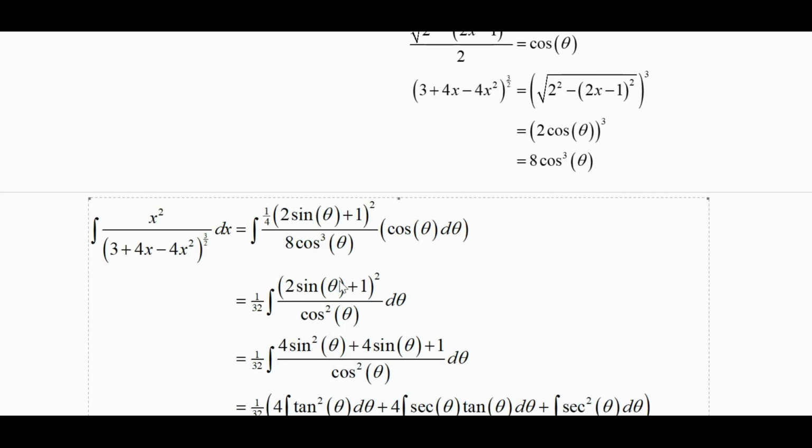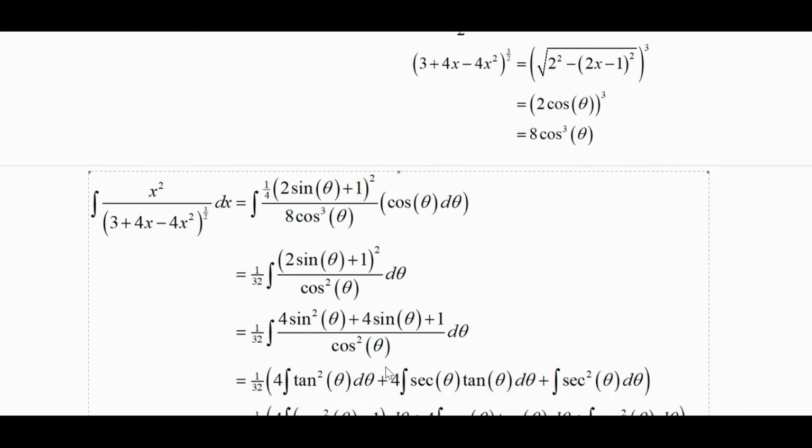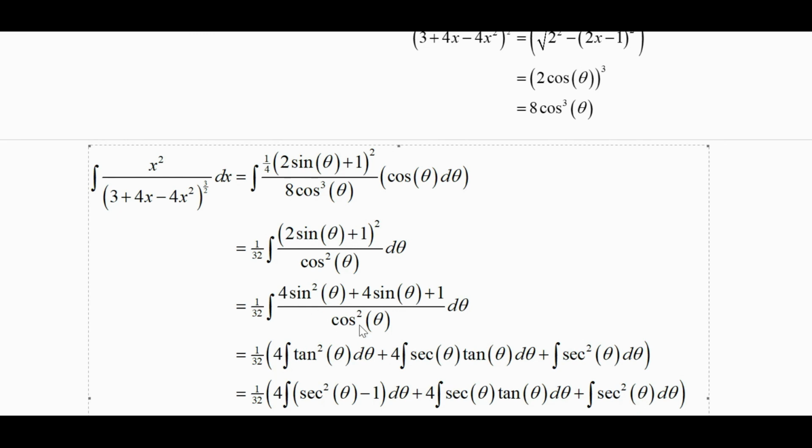I'm going to expand the top here and square the first, 4 sine squared theta, multiply and double in the middle, plus 4 sine of theta, and then 1 squared at the end is 1. And I'm going to distribute this cosine theta. So I still got the 1/32 out front of the whole big parentheses.